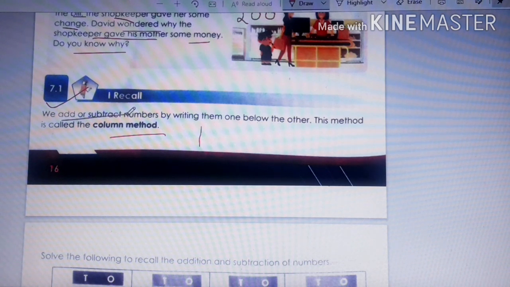We add or subtract numbers by writing them one below the other, right? This method is called the column method. One below the other means, suppose 5 is here and 3 I will write below 5. So I am arranging one number below the other number, isn't it? So this is your column method, which you all know, right?